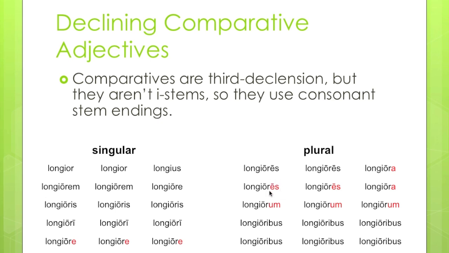So this is the consonant stem ending here. And the neuter plural nominative and accusative also uses the consonant stem -a ending. And the genitive plural ends not in the i-stem -ium, but in the consonant stem -um. So this is a large class of adjectives that are actually consonant stems.